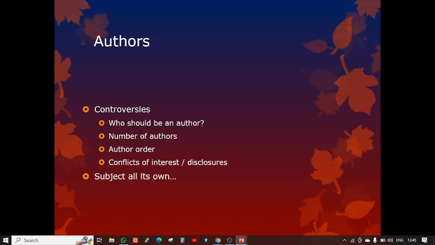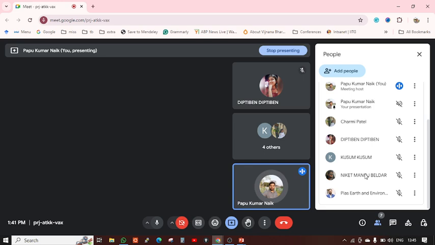Then controversies: who should be an author? Number of authors, order. In some cases it has been noticed that there are more than two, three or four authors, and then there should be equal contributions or some unequal distribution of how much work they did.